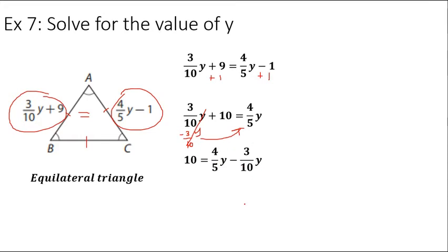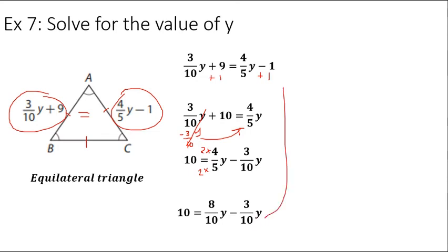Now what I need to do here is find a common denominator. Since this is a 10, the way I get a 10 here is I multiply this by 2, and I multiply this by 2. So I end up with 10 equals, remember 2 times 4 is 8, 2 times 5 is 10, so here I get 8 over 10y minus 3 over 10y.